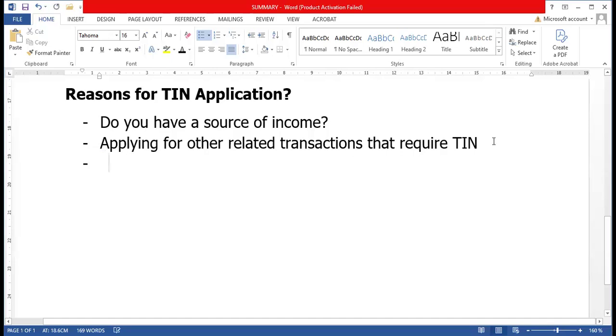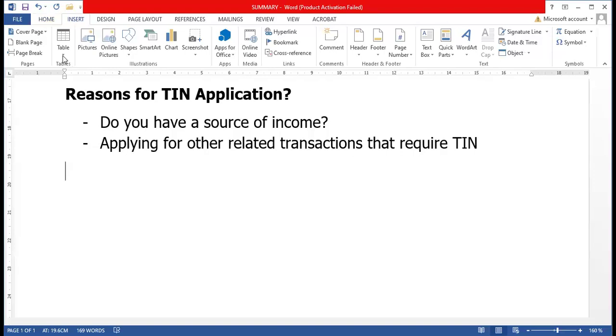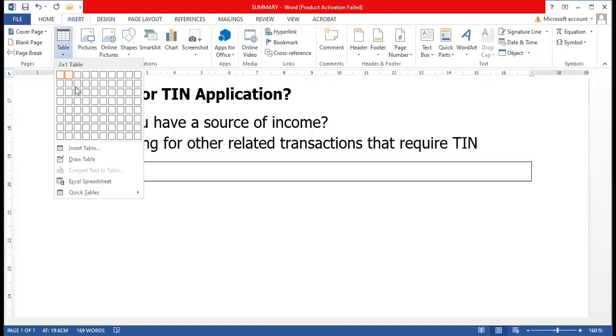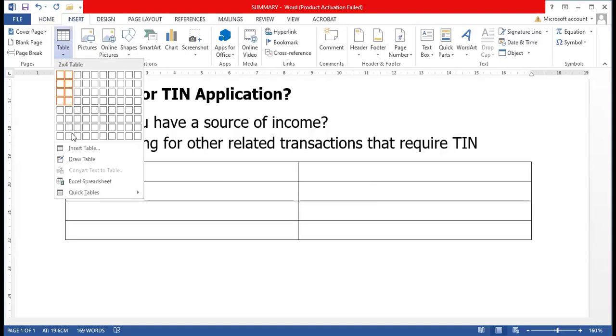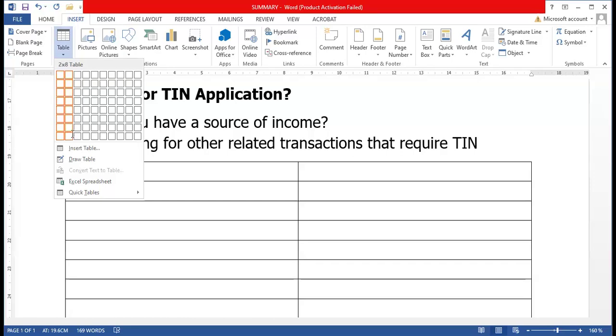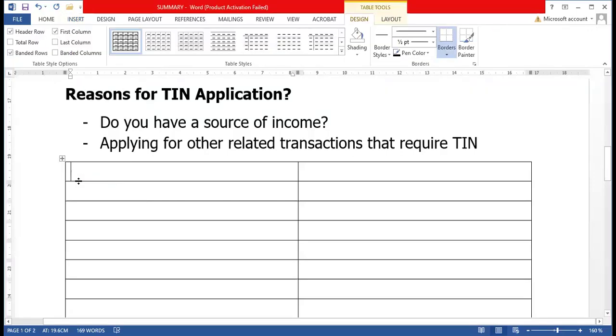Okay? So, what does that mean? If you realize that as an individual you have a source of income, then obviously you must apply for a TIN.